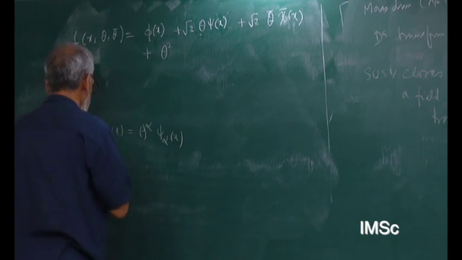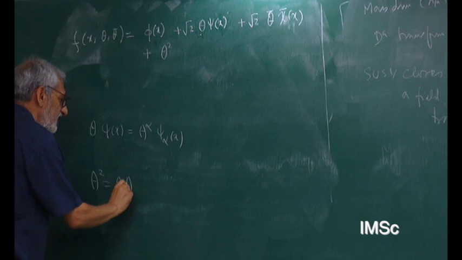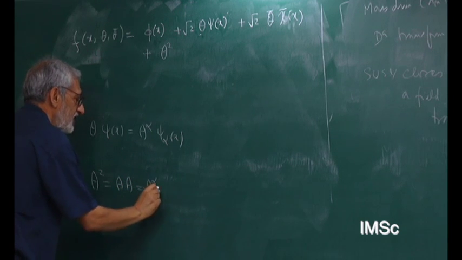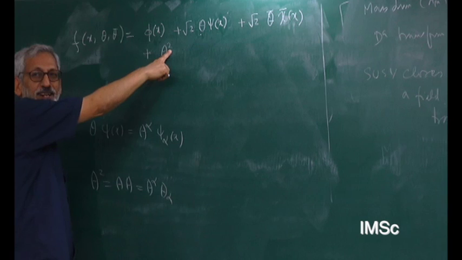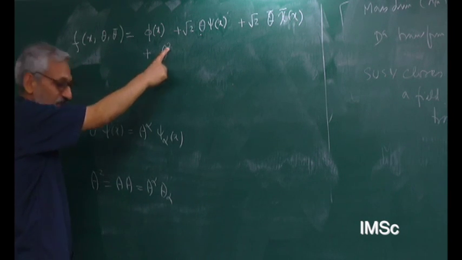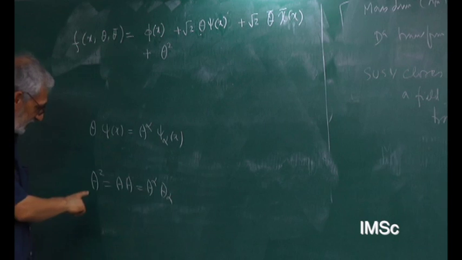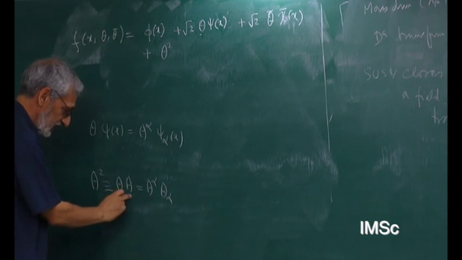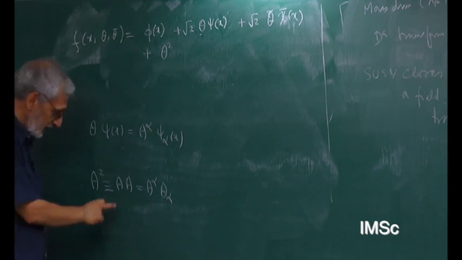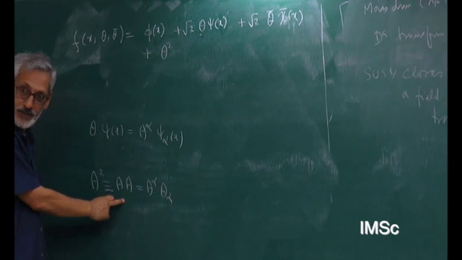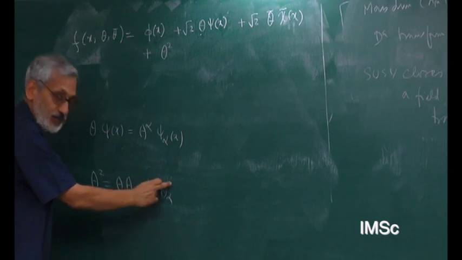I call it theta square. Now this theta square is shorthand for theta theta, which is theta alpha, theta alpha. Don't confuse it as the second component. In this notation, just to not write too many things, theta times theta is not zero because it is theta 1, theta 2 in fact.